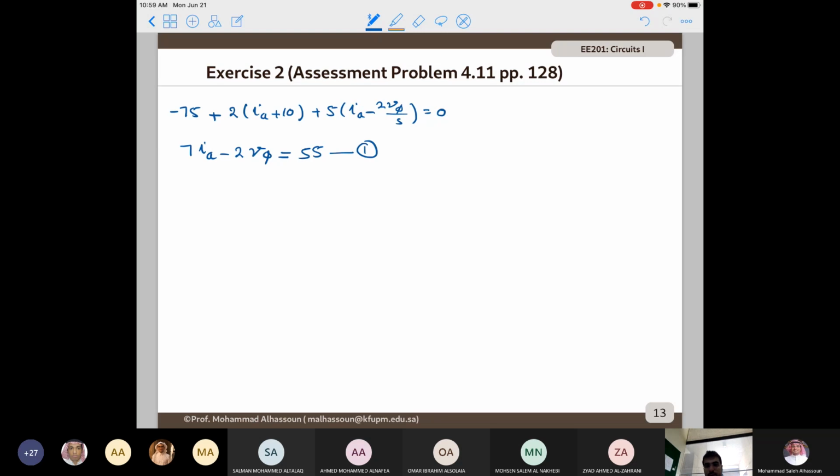So this is the first equation. I still have two unknowns, IA and VP. How to find another relation between VP and IA?